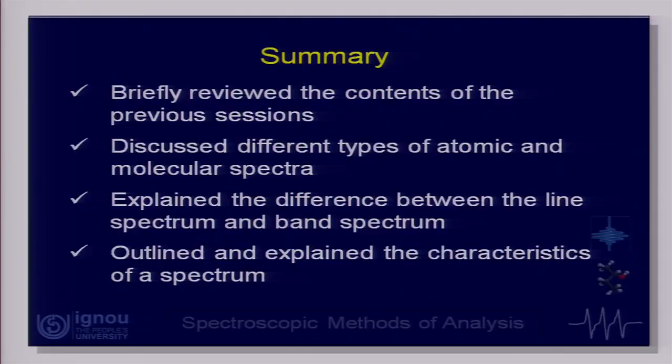With this we complete our discussion on the basic aspects, because that is all we needed to know to continue further into understanding different spectroscopic methods. In the next session, we will talk about UV visible spectroscopy: the origin of the UV visible spectrum, what the characteristics of the spectrum are, how they look, and why, will be taken up in the next session. Thank you.